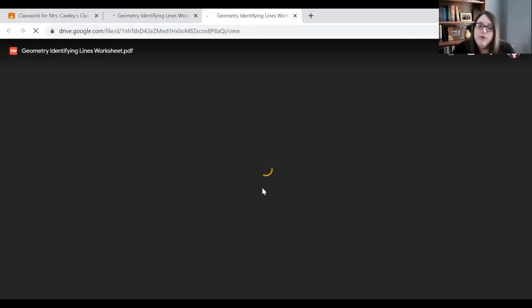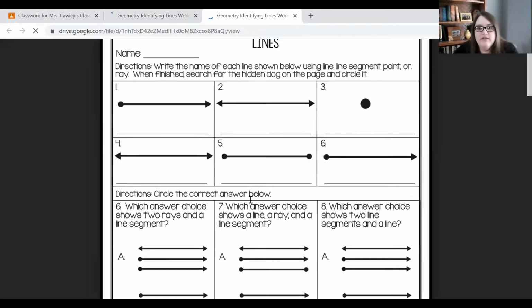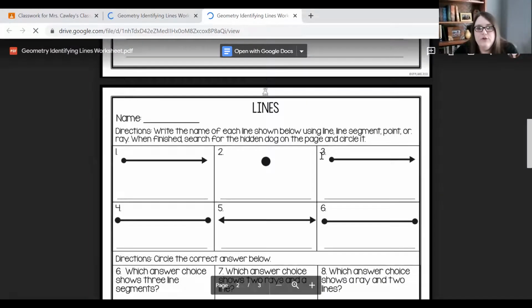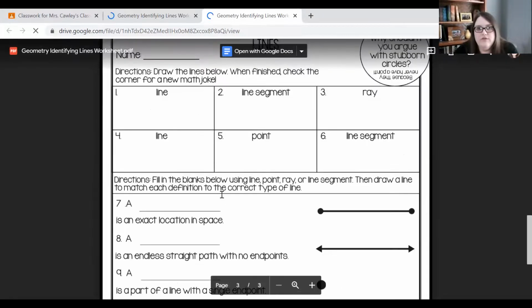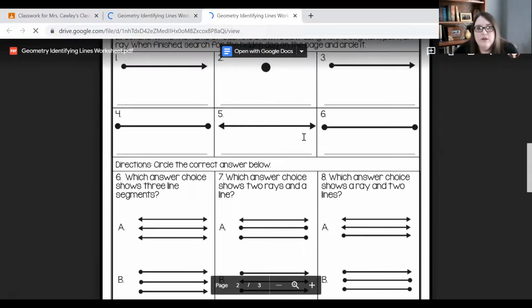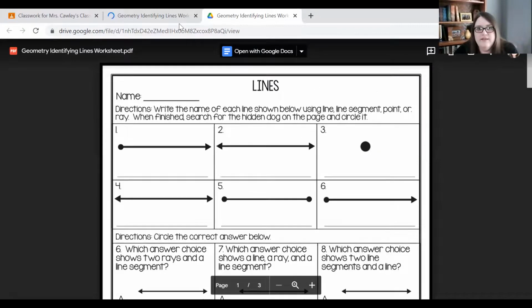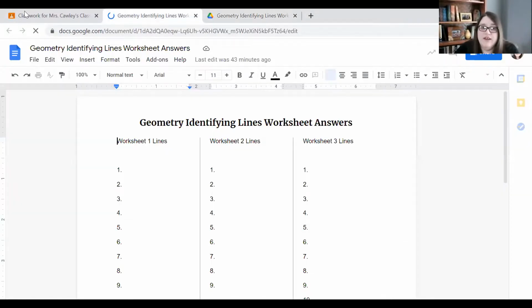Okay, so waiting for it to load. So here's worksheet 1. Worksheet 2 is page 2, and then worksheet 3, okay? So just tab back and forth between this and your Google Doc, which will show up eventually here, and answer the questions, okay?